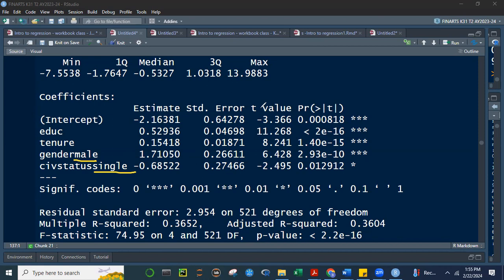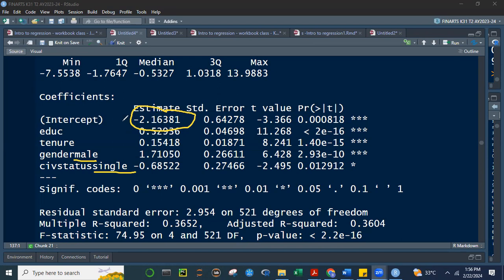Okay, one last question, class. What's the meaning of negative 2.16? Negative intercept.